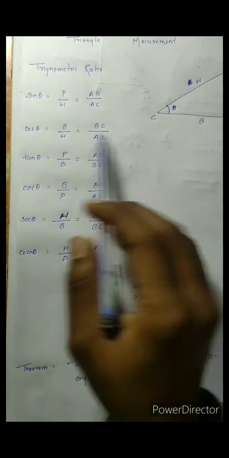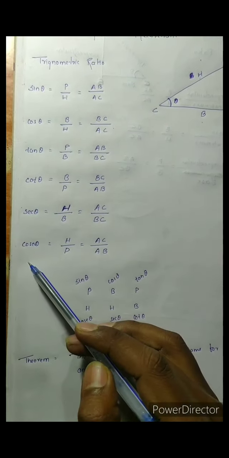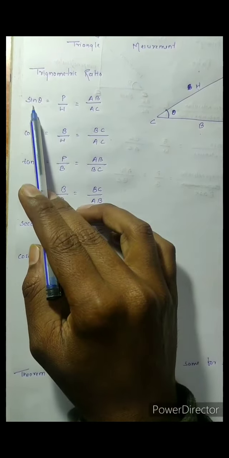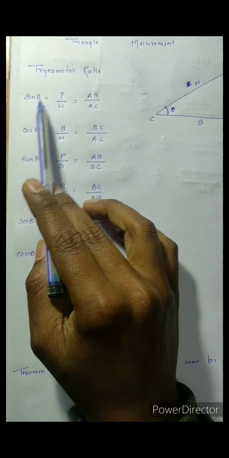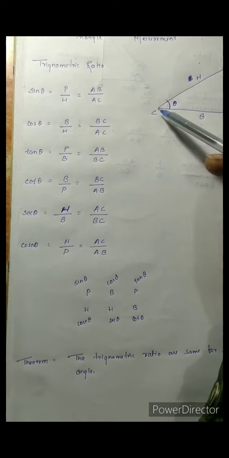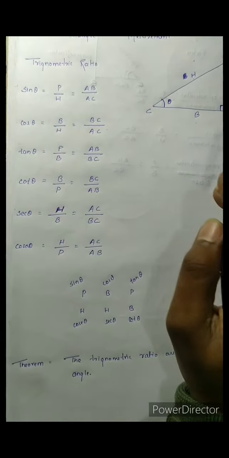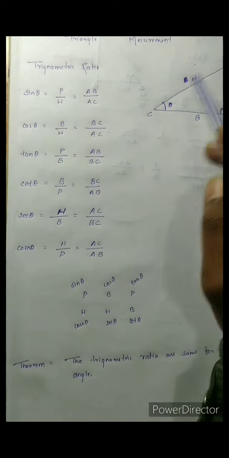First of all we study sin theta, cos theta, tan theta, cot theta, sec theta and cosec theta. The formula of sin theta is perpendicular upon hypotenuse, that is AB upon AC. For cos theta, base upon hypotenuse, BC upon AC.